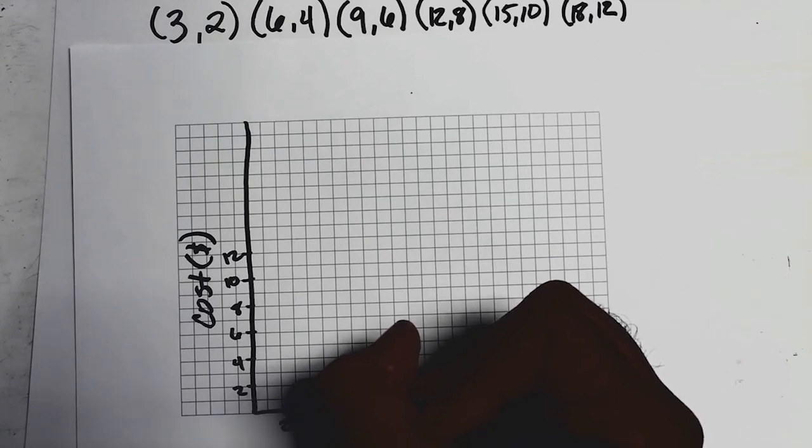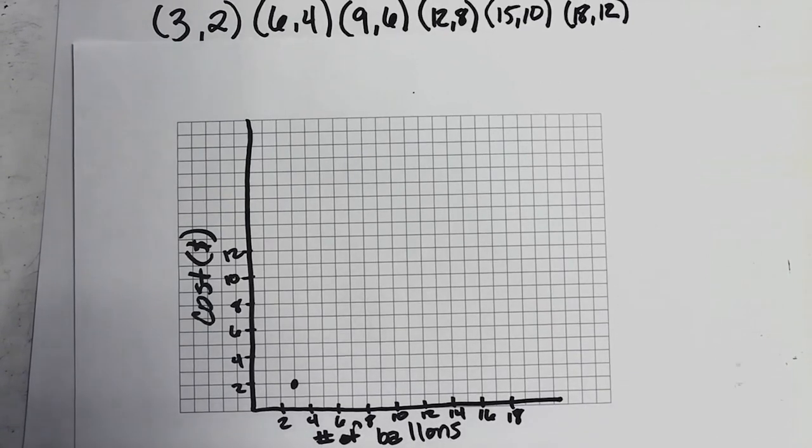plot my first point. So now I'm going to plot the rest of the points, and I'm going to go all the way up till I get to 18, 12. I want you guys to go ahead and start plotting, and I'm going to plot along with you.